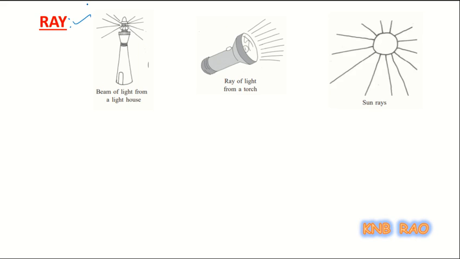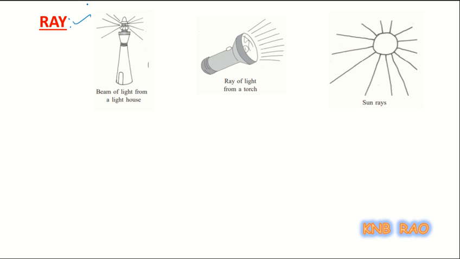Normally during dark, like during evening times, if current goes off, you will use this torch. So ray of light from a torch. Otherwise in the daytime, we say sun rays. So these are the words which normally explain to you the idea of ray.